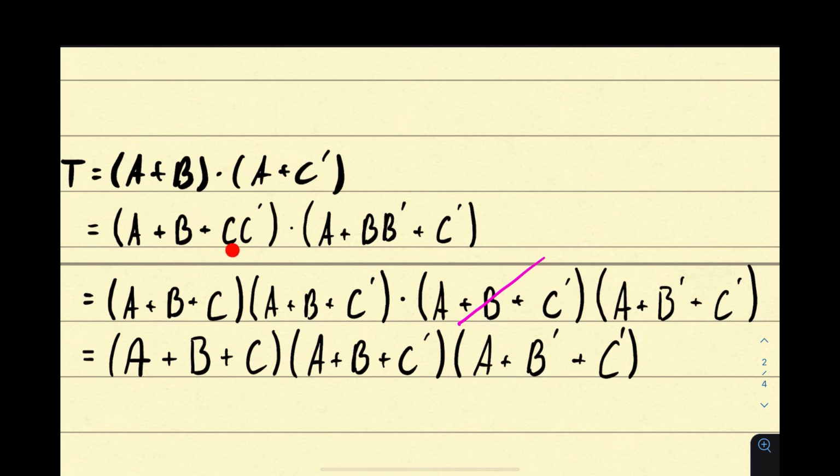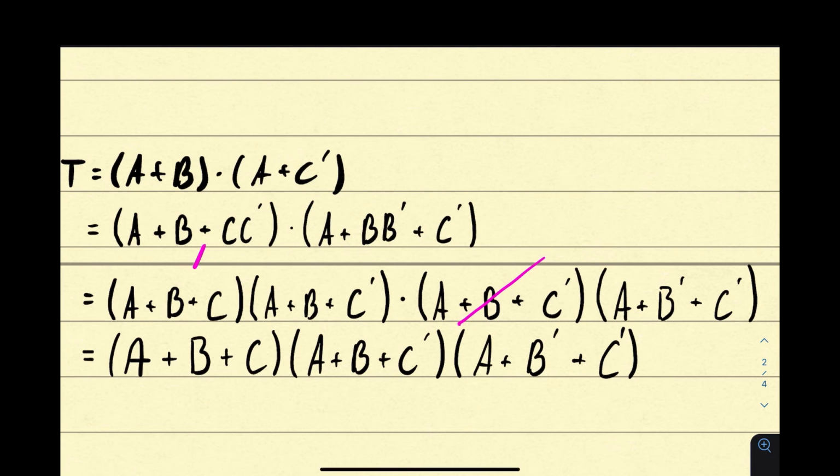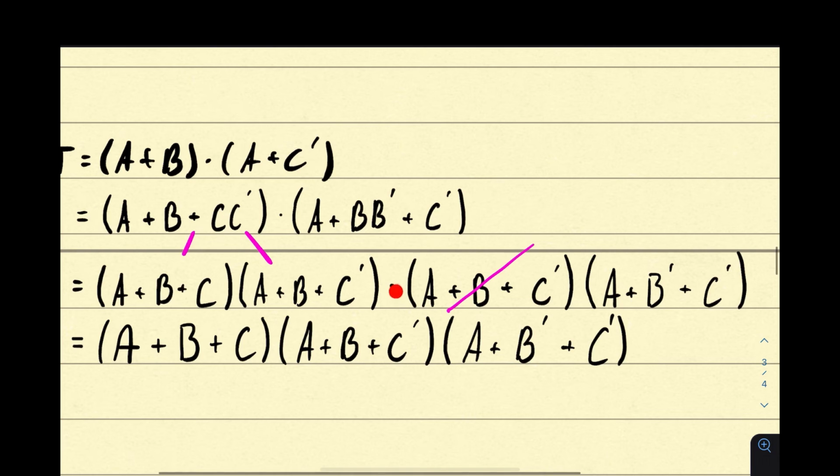So here in this term, this breaks down to two separate terms. So the first one, you have A or B or standard C. And in this second form, you have A or B and A or B or complement C. And then to make it simpler, I just remember that separate from this other term, I drop down this little AND term, but of course there's an invisible AND term in these two areas as well.